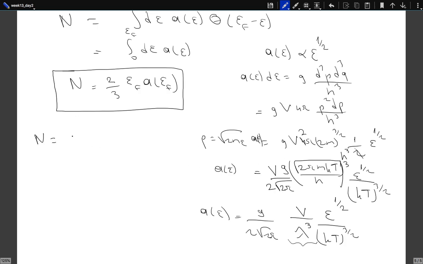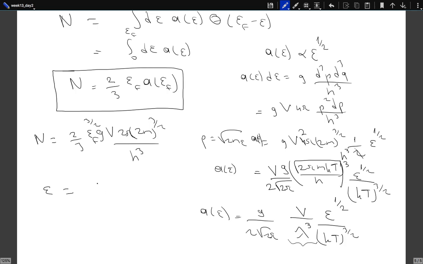So n is 2/3 epsilon Fermi. A epsilon is g times V times 2 pi times 2m to the power 3/2 over h cubed, epsilon to the 1/2, so epsilon to the 3/2.